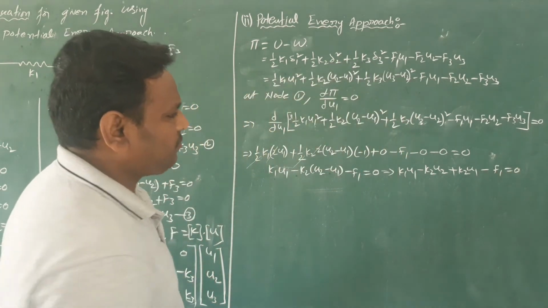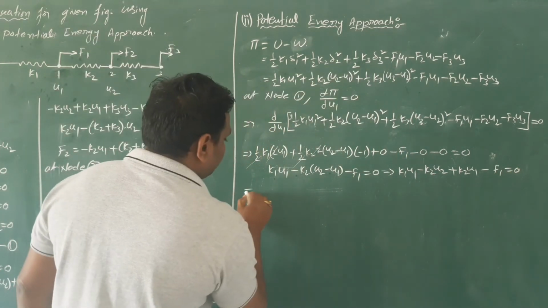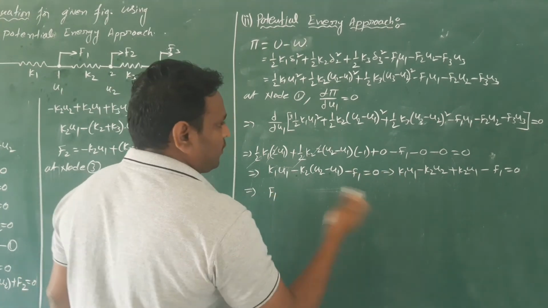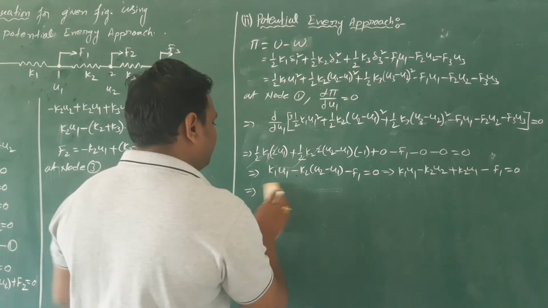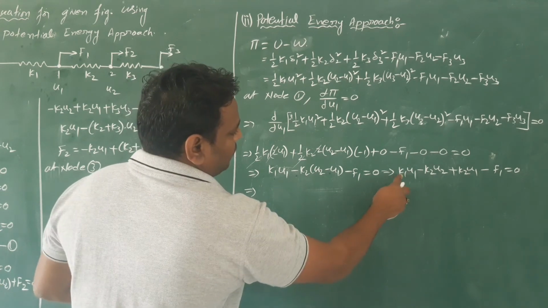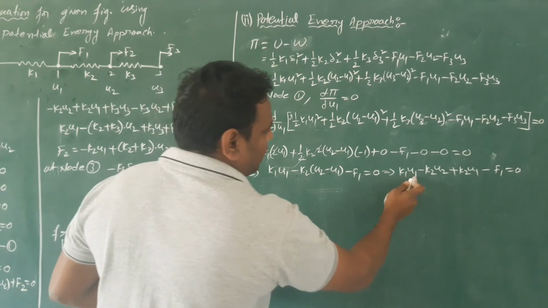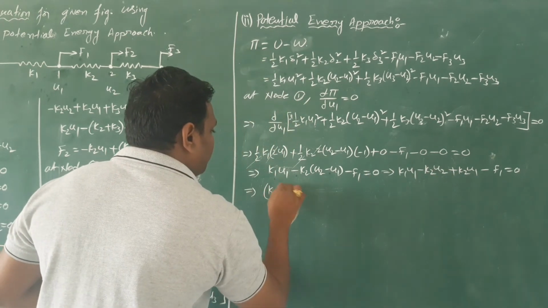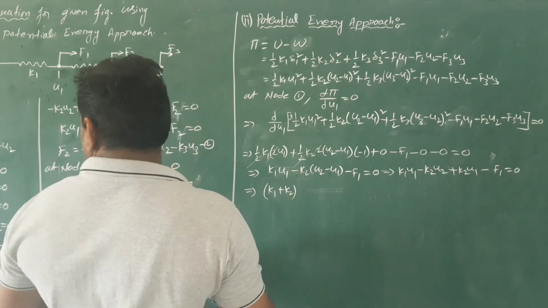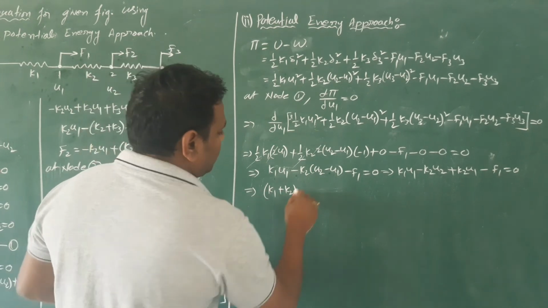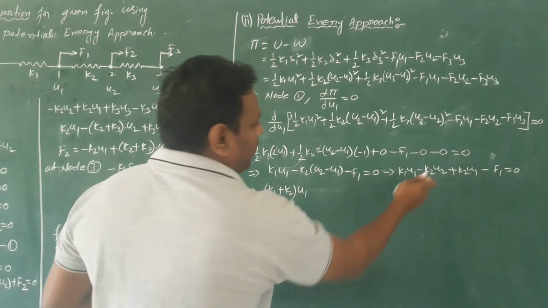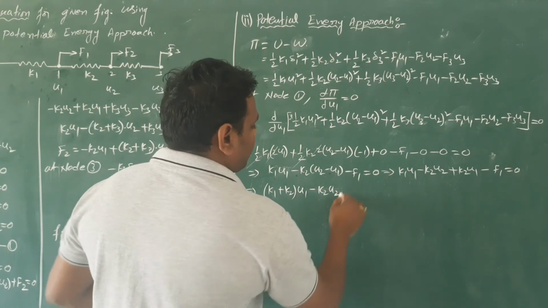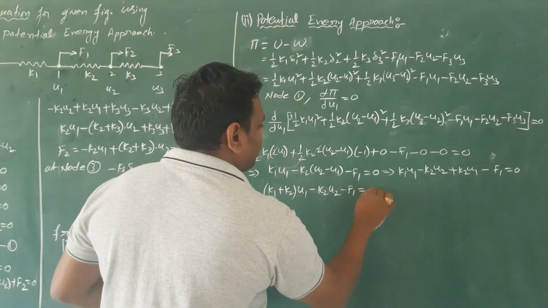Okay, I will write F1 on this side, so that is simplified first. K1 U1 is here, U1 is there, here is also U1, so my equation is U1 (K1 plus K2), minus K2 into U2, minus F1 is equal to 0.